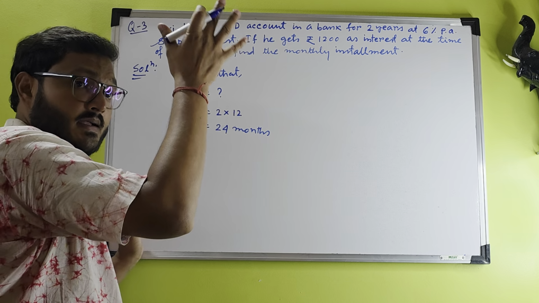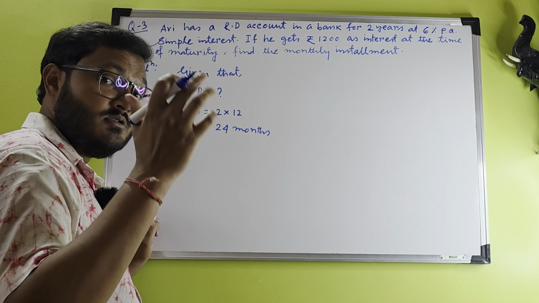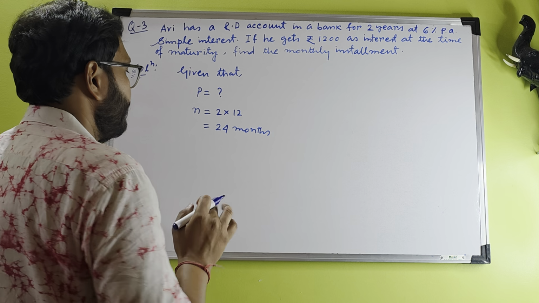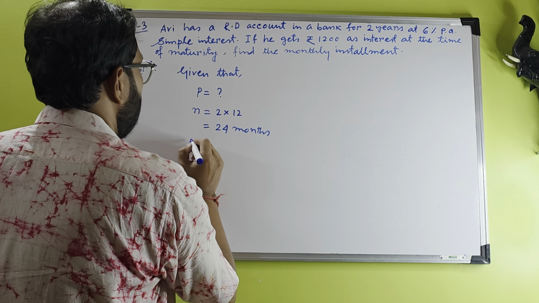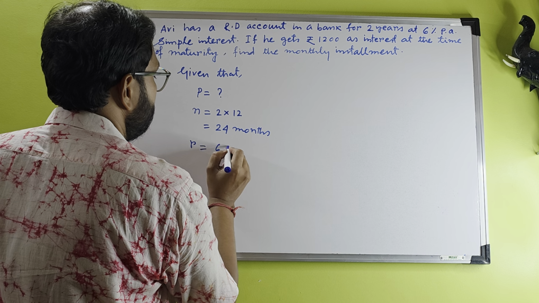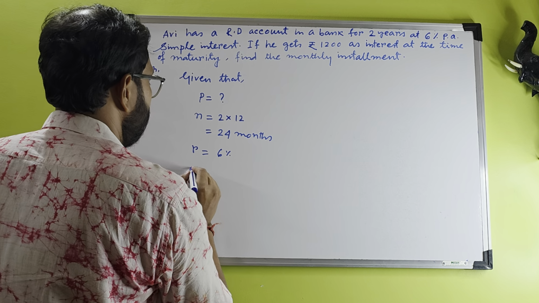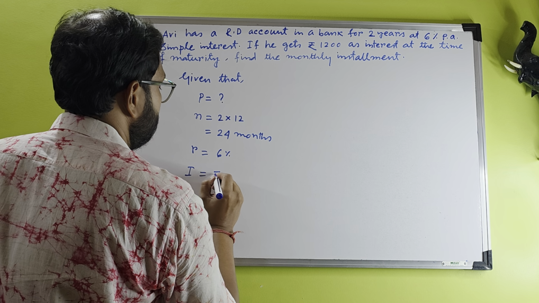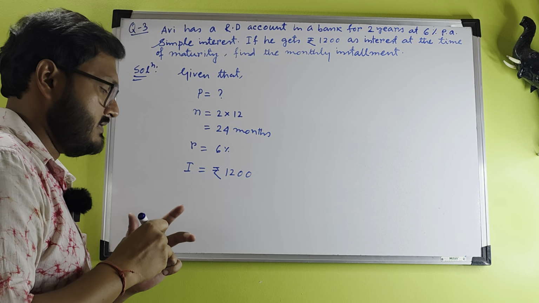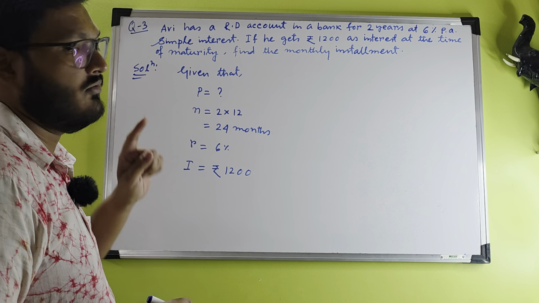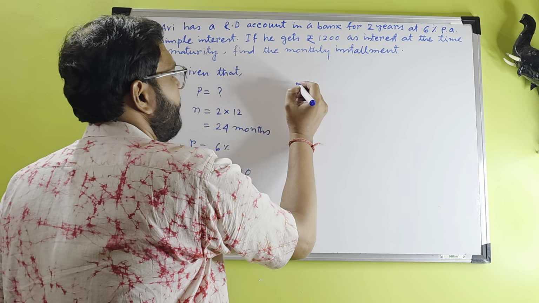I hope if you write this way, the examiner need not check the question paper also. N is given, this one. R is 6% per annum, and interest is rupees 1200. These are given things. See, three things are given. One we have to find out. Simple way, we have one formula.